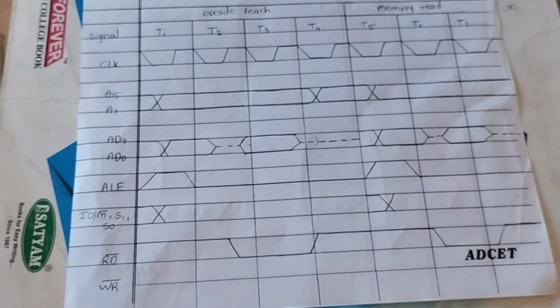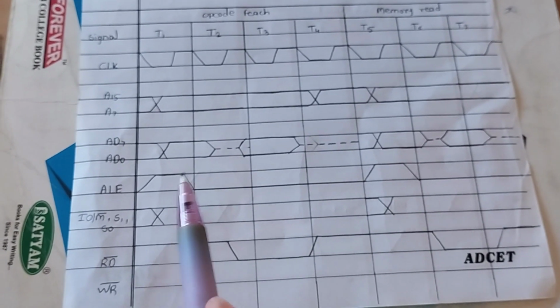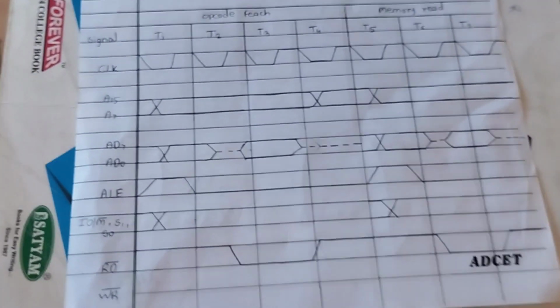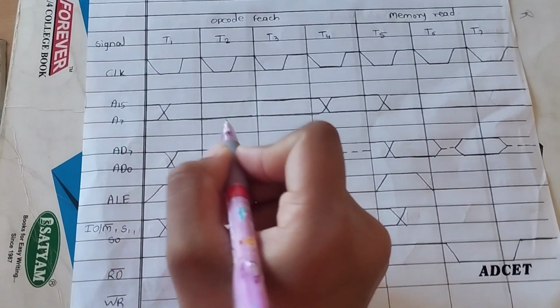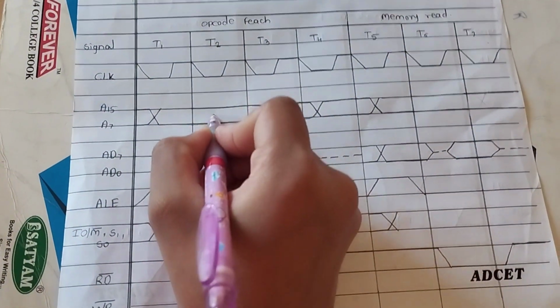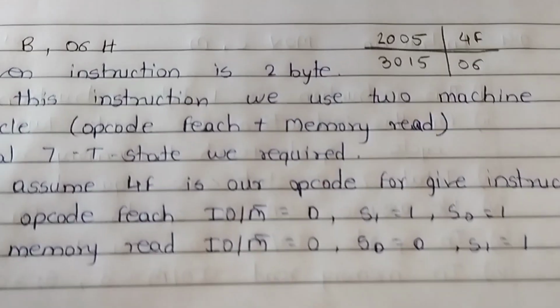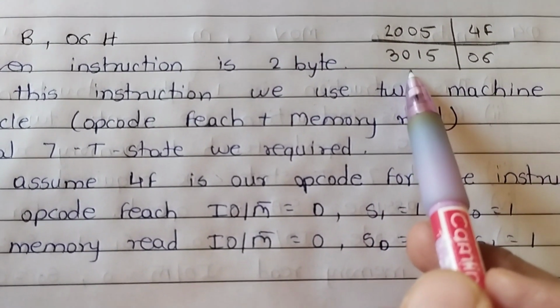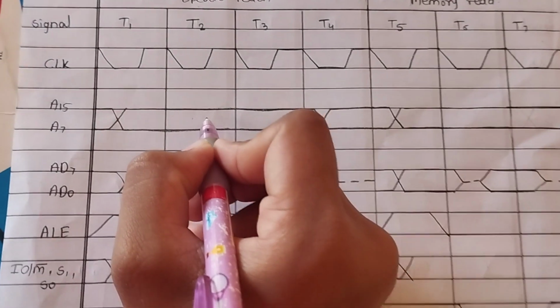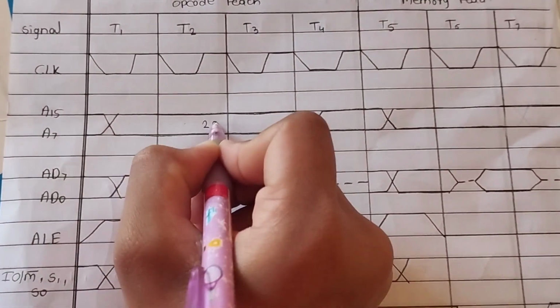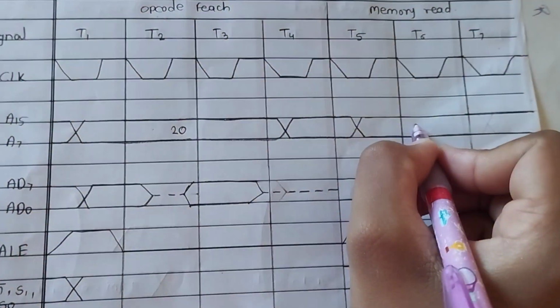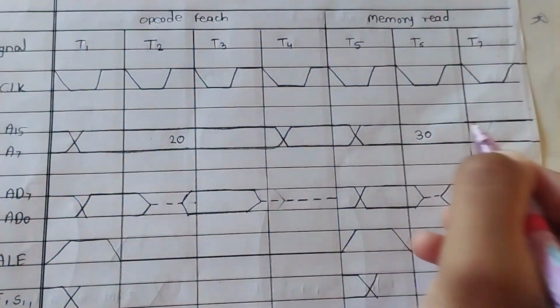I hope now you understand how to draw the machine cycle. Here we write the highest address bits, which are 20 and 30. So here 20, and for the read it is 30.